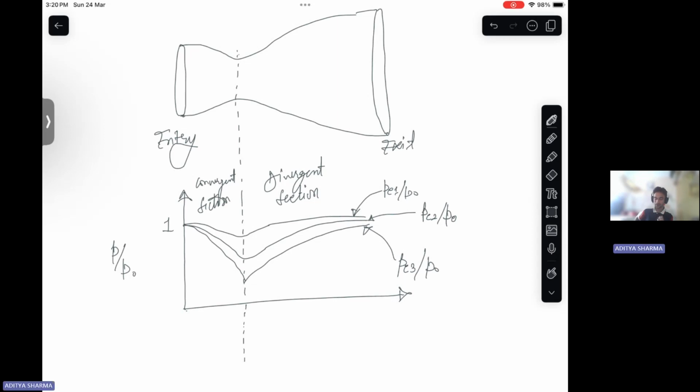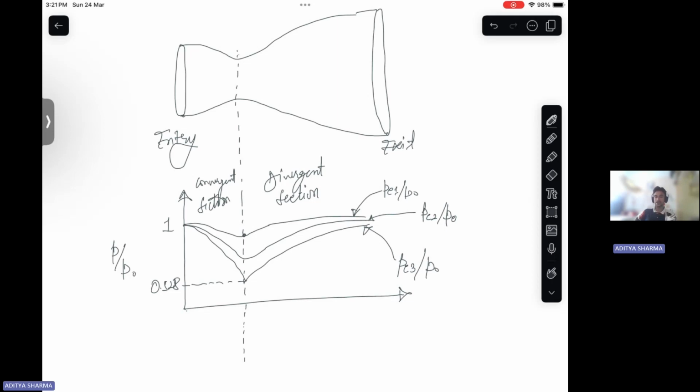So if the pressure is as high as PE1, you can see that the flow here has not reached its choked condition, right? For the choked condition, we have P by P naught at the throat, from our previous knowledge, equal to about 0.5, right?